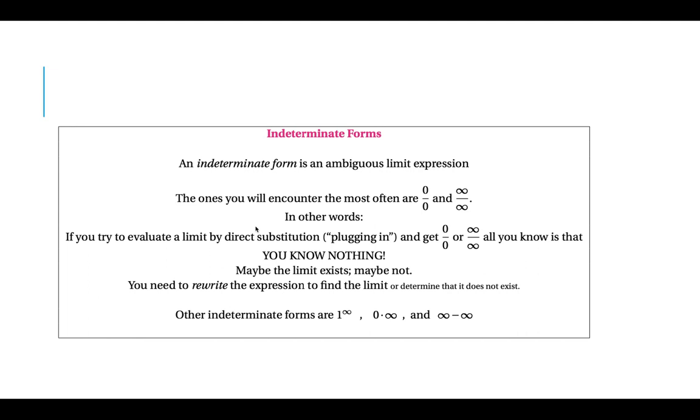We need to work a little more, re-express things to actually determine what the limit would be. The ones you're going to encounter the most are 0 over 0 and infinity over infinity. In other words, if you try to evaluate a limit by direct substitution, plugging in, and get 0 over 0 or infinity over infinity, all you know is that you know nothing.